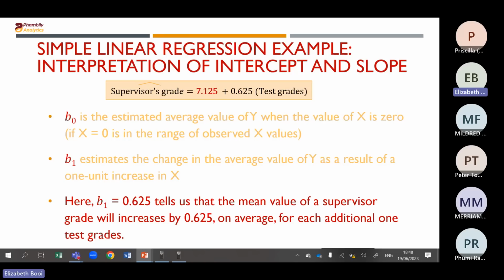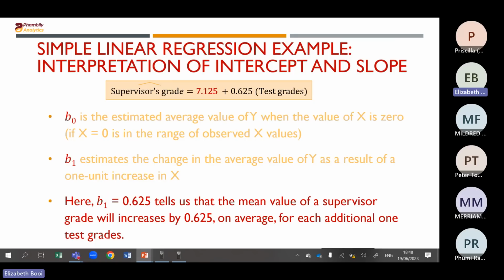If we're looking at this information that we have, we can say the slope of 0.25 tells us that the mean of the supervisor grade will increase, because it's positive, by 0.25 on average for each one additional unit of that test grade being added.